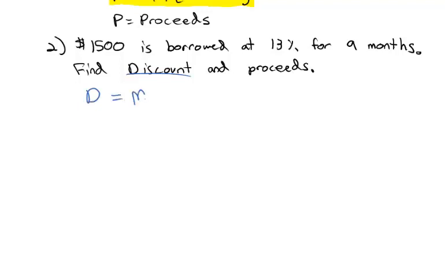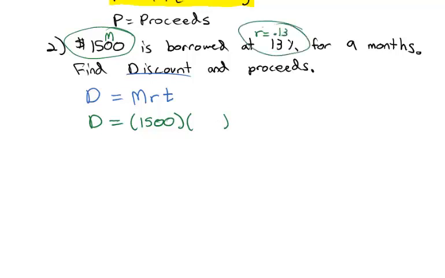And the discount is equal to the maturity value times rate times time. So maturity value, the amount borrowed, that's the $1,500. Looking for the discount. $1,500 is going to be multiplied by the interest rate, which as a decimal is 0.13. And it is borrowed for 9 months. Now remember, time has to be in years, so we're going to have to divide by the number of months in a year. So that's 9/12 of a year.